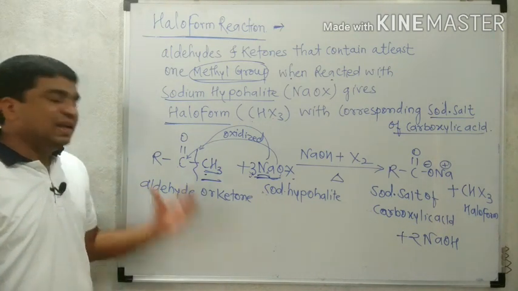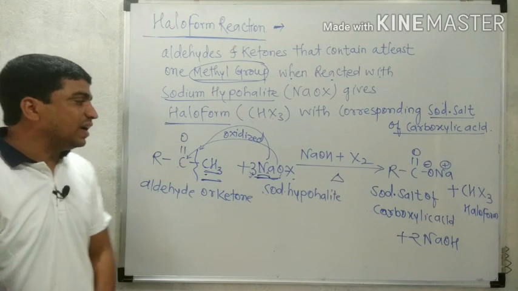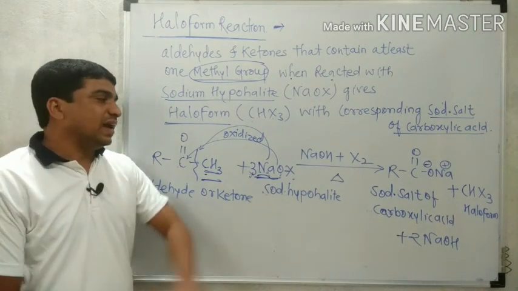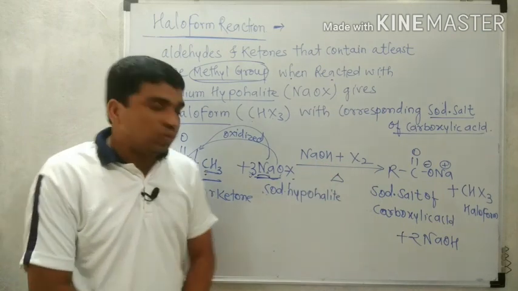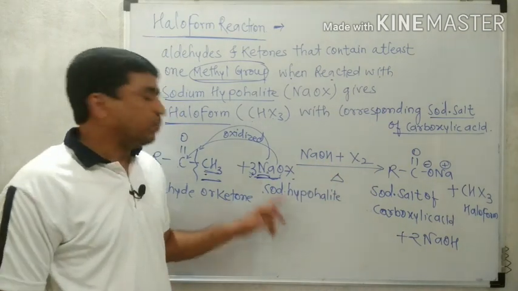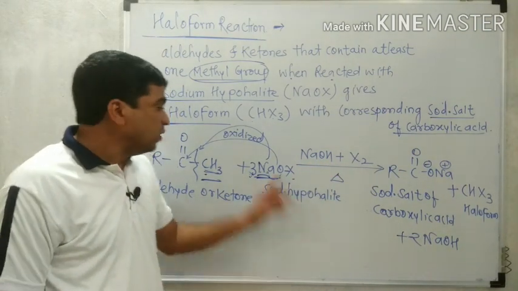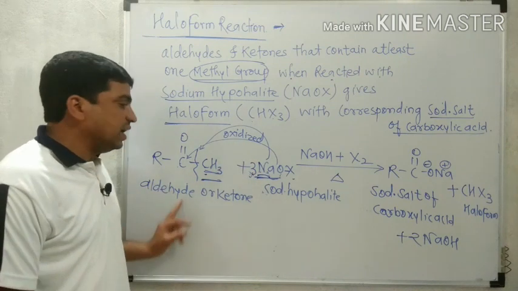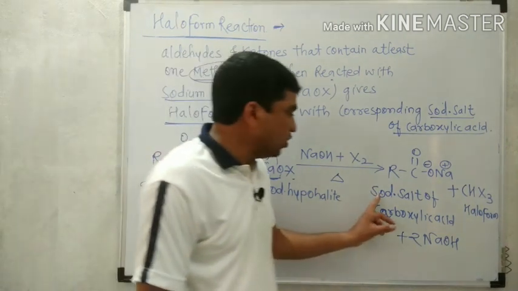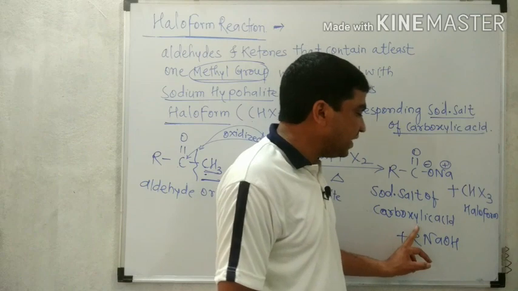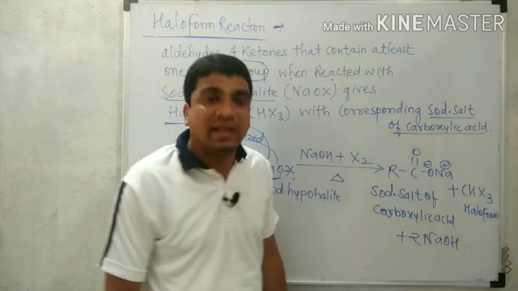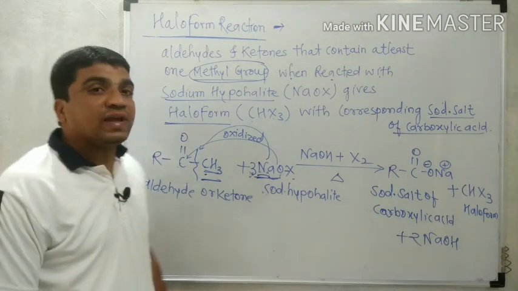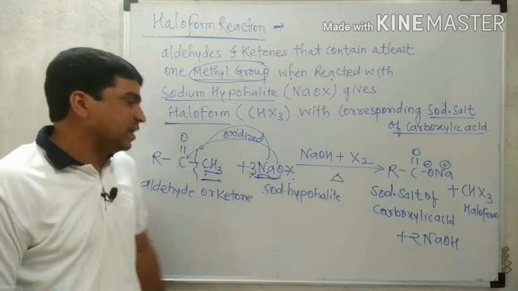So when an aldehyde or ketone containing at least one methyl group is heated with sodium hydroxide in the presence of halogen, the reaction produces sodium hypohalite, which oxidizes the aldehyde or ketone into the corresponding sodium salt of carboxylic acid and haloform. The haloform CHX3 is obtained as a product, therefore the reaction is called the haloform reaction.